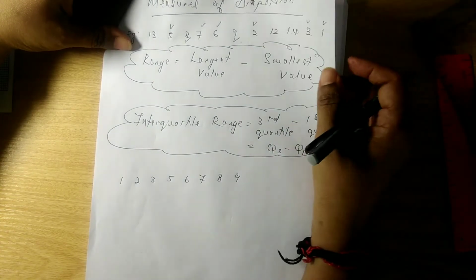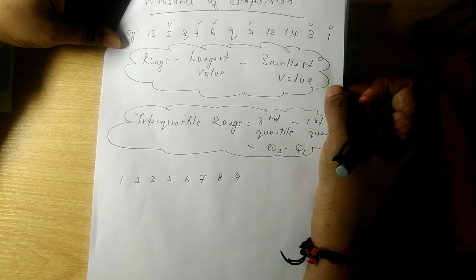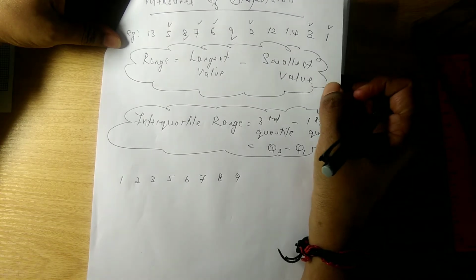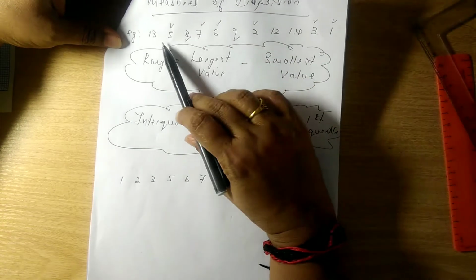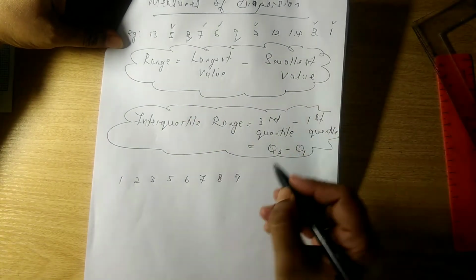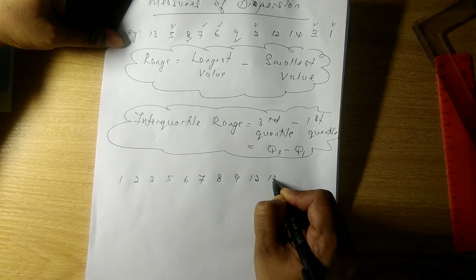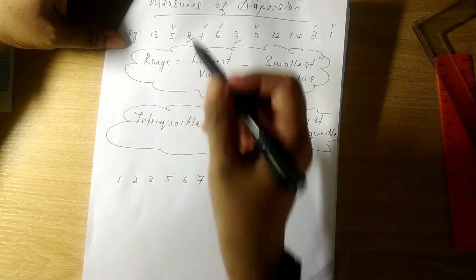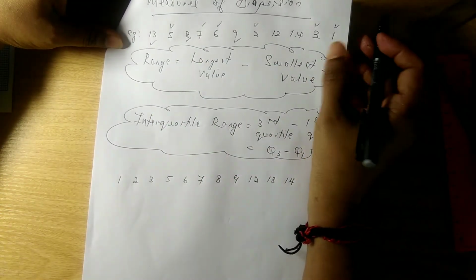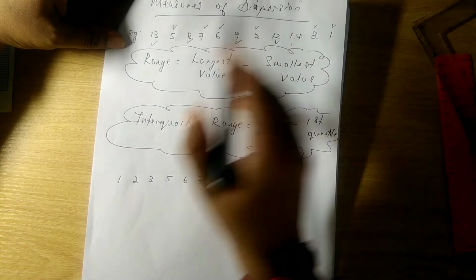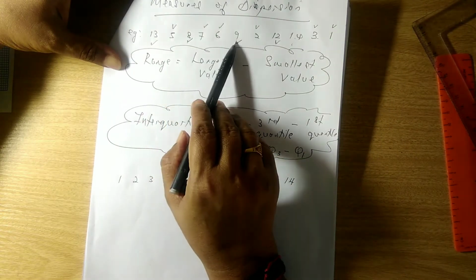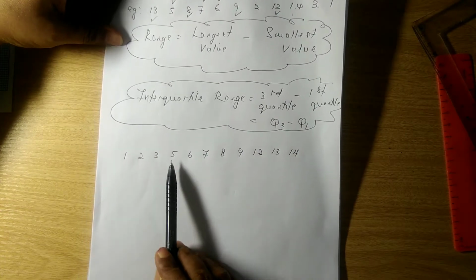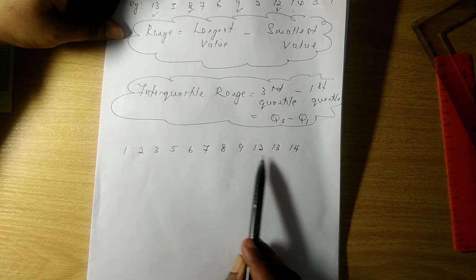There's no 10. There is 12. You've got 13, and you've got 14. So altogether, you've got 1, 2, 3, 4, 5, 6, 7, 8, 9, 10, 11. So you've got 11 data.